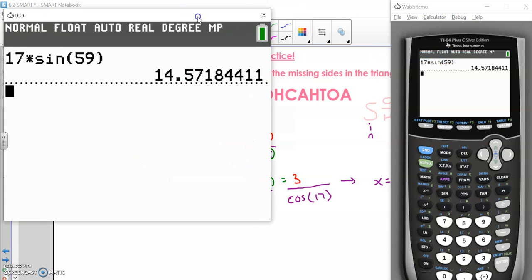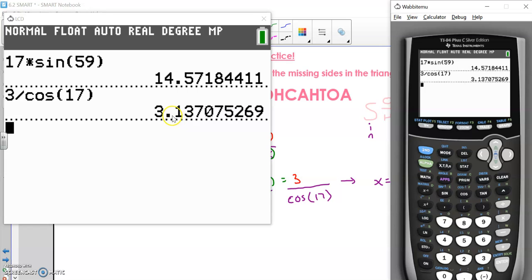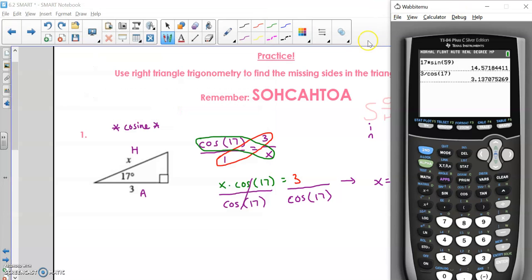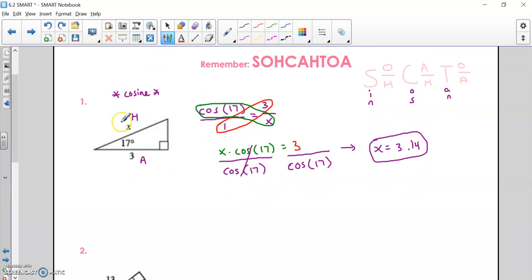So we'll write 3 divided by cosine of 17, just as we see it. Press enter, and we get 3.137, so I'll say that's 3.14 when I round it. Okay, and that is it for that problem. So just remember, if you're solving for x, that's the hypotenuse, you're going to have to divide by your trig function. That's just how it ends up working out.